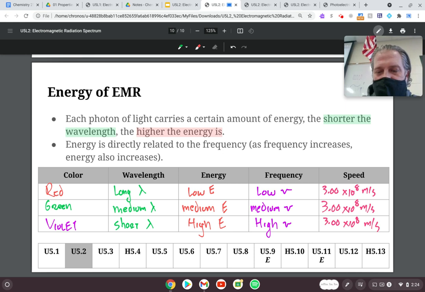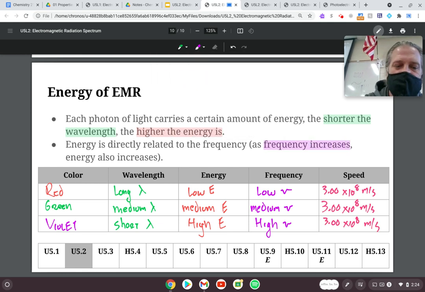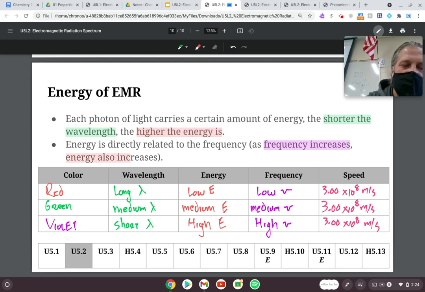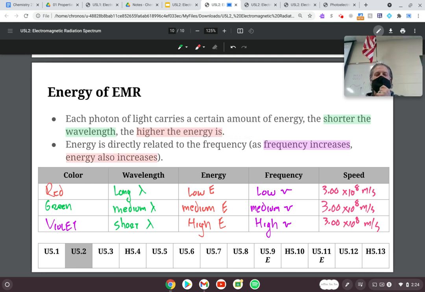But you also need to be able to tell me that as frequency increases, energy increases. So you need to be able to look at a scenario or look at some data and be able to make heads or tails of what that tells you.